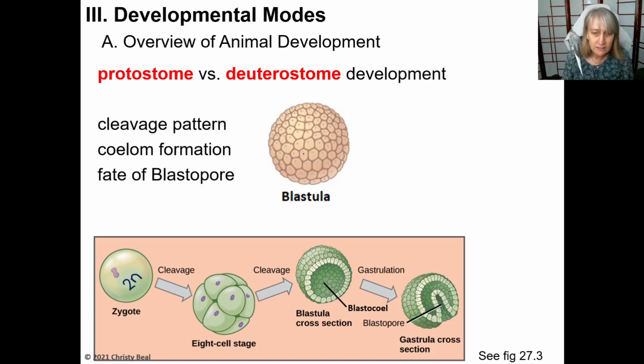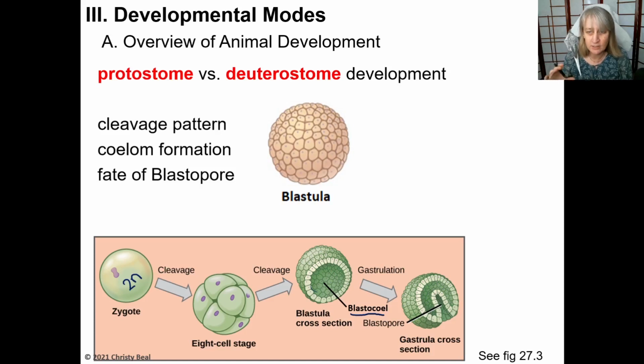This blastula is a hollow ball. If I peek inside, I can see there's a space. This space is called the blastocele. Cele just means space. Blastocele is not a coelom. The blastocele is just a function of the fact that this is a hollow ball. It's like inside of a tennis ball, there's a hollow space.